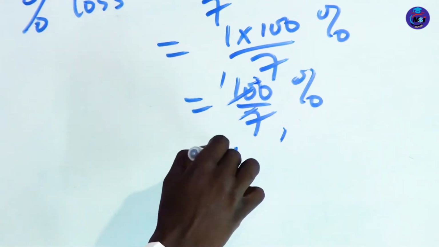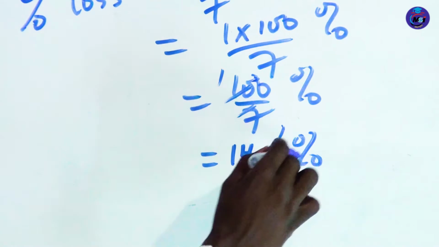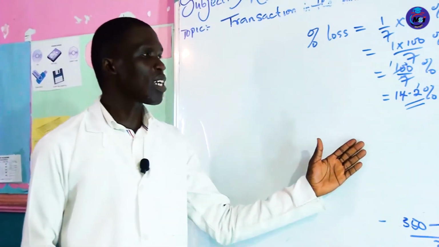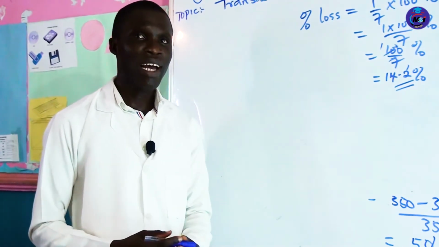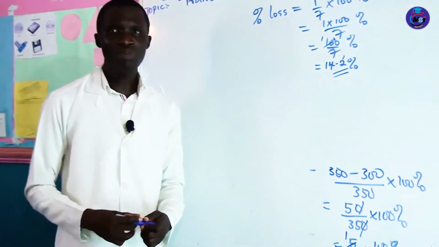This will give us 14.2%. Okay, now you can solve questions on percentage loss and percentage gain. Let's go to simple interest.